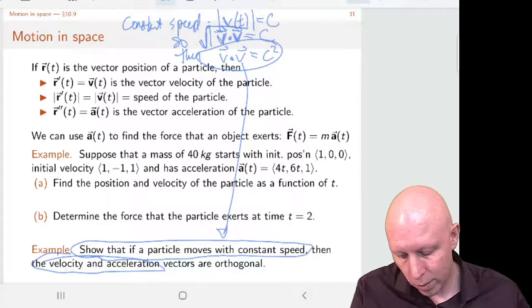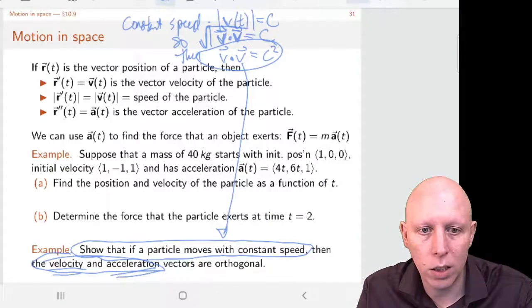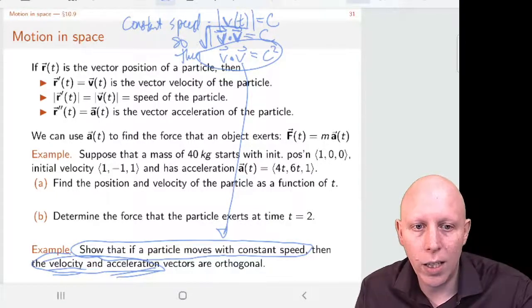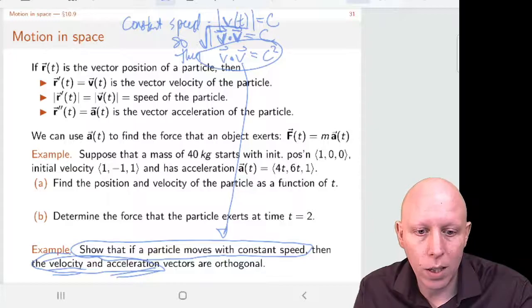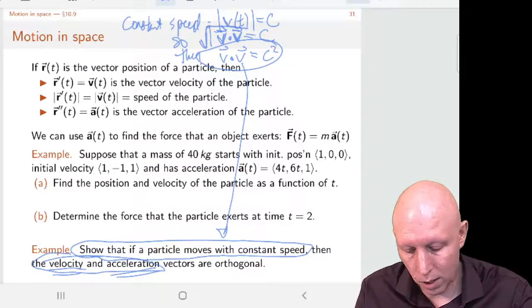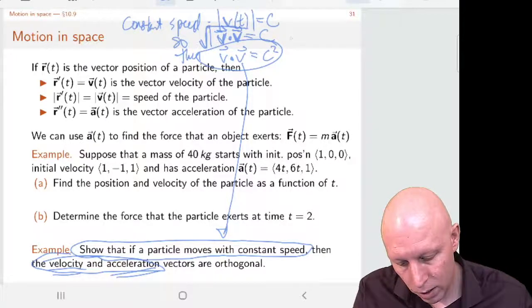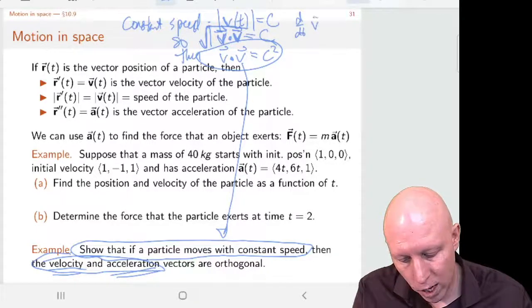All right, and so now we need to figure out something about the velocity and acceleration vectors. So let's use the derivative, since that's what we're thinking about these days. So let's take the derivative with respect to t of both sides of this equation. So the derivative of v dot v is equal to the derivative of c squared.